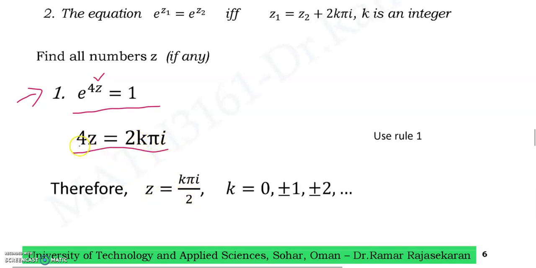Why? Because you cross multiply 4, so it will come in the denominator, so that you cancel 2 and 2, so k pi i over 2 is the value of z, where k is an integer, that is nothing but 0, plus or minus 1, plus or minus 2, etc. This is by rule 1.